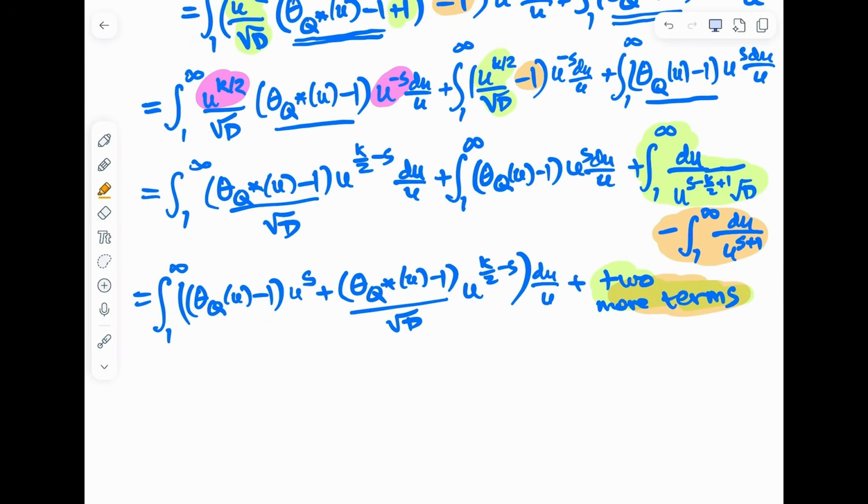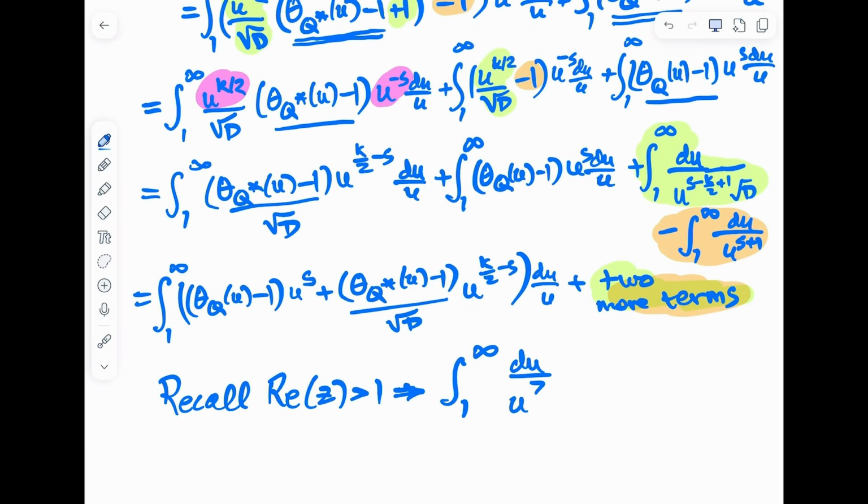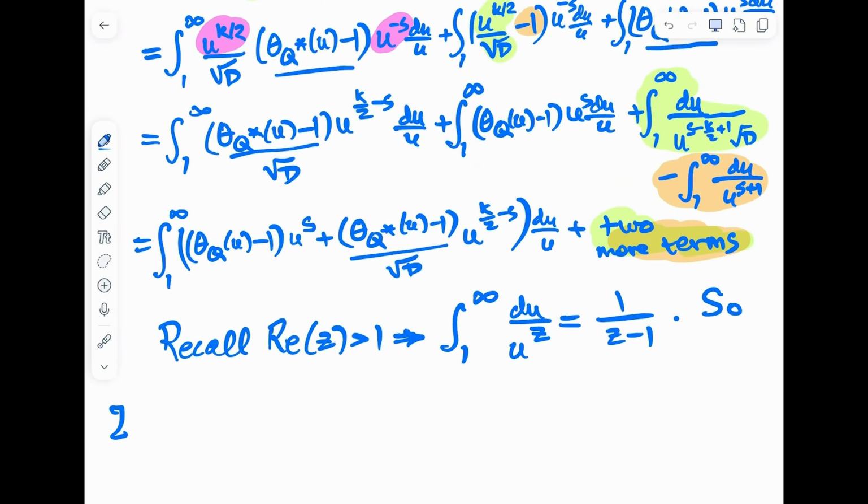All right, so let's calculate those, because those are just integrating from 1 to infinity of a reciprocal power. As long as your exponent is above 1, if you integrate from 1 to infinity du over u to the z, you're going to get 1 over z minus 1. That's just a calculation. So now we can take the first integral.